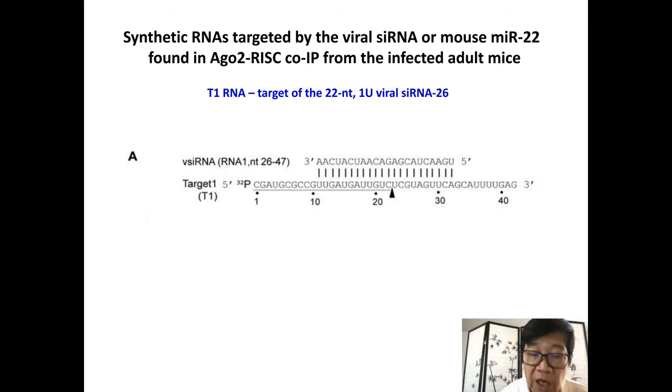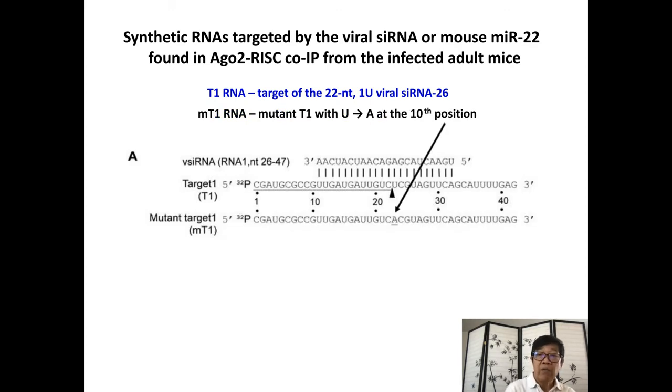So the predicted slicing of this target RNA will produce a 22 nucleotide 5' cleaved product. If we label the 5' end, we will be able to detect this cleavage product in a PAGE analysis.